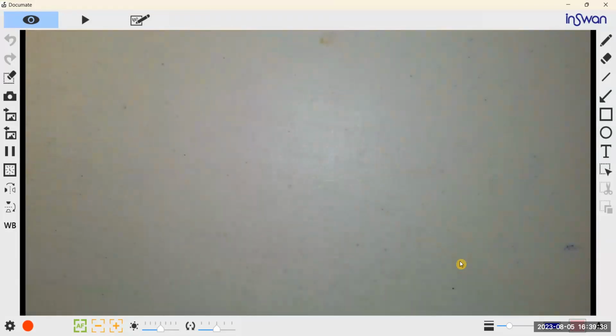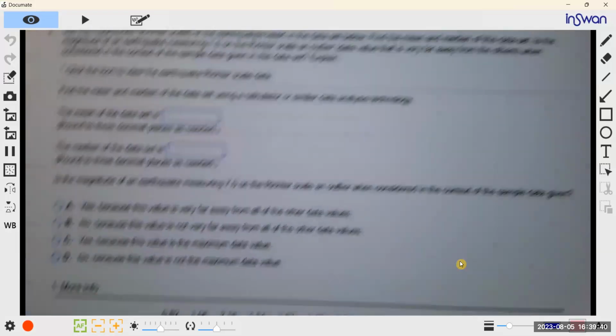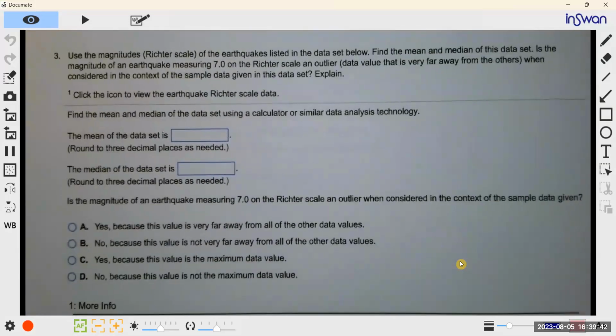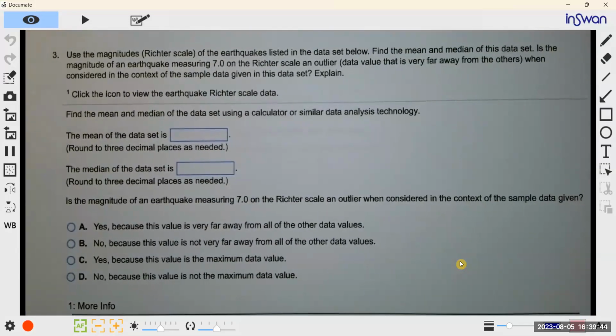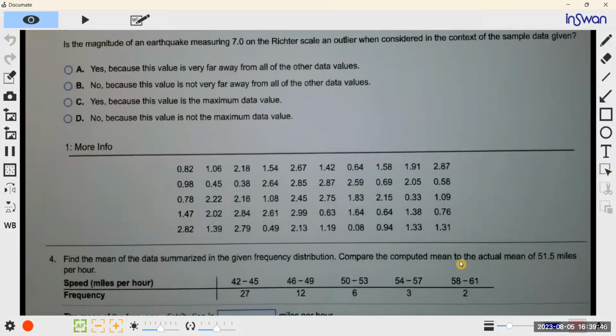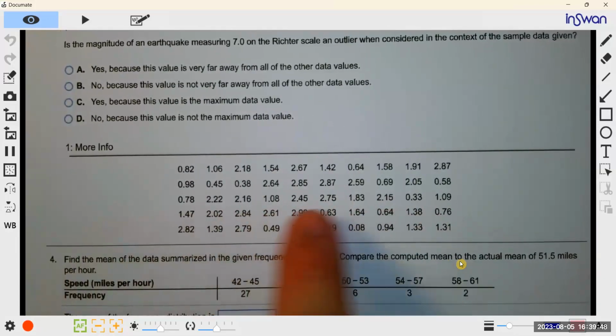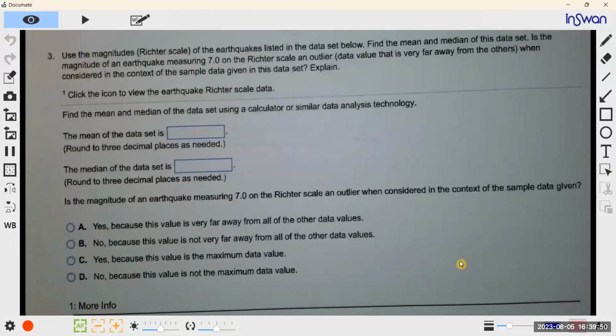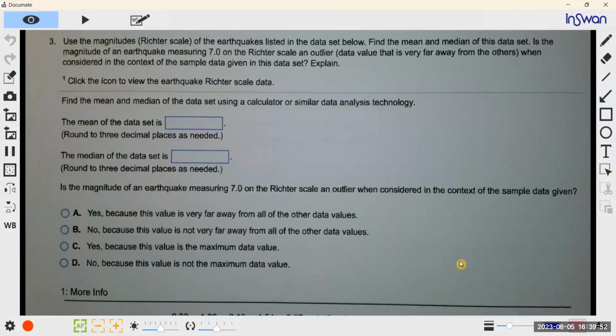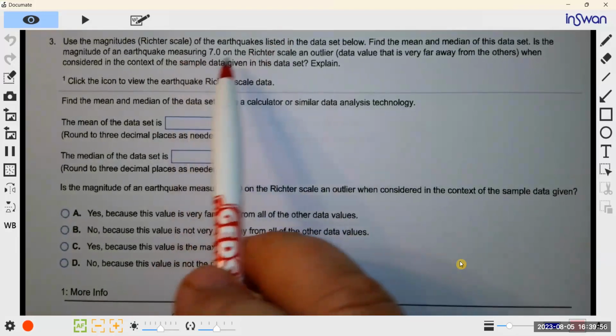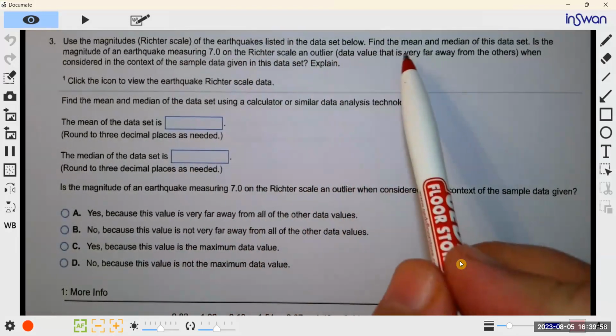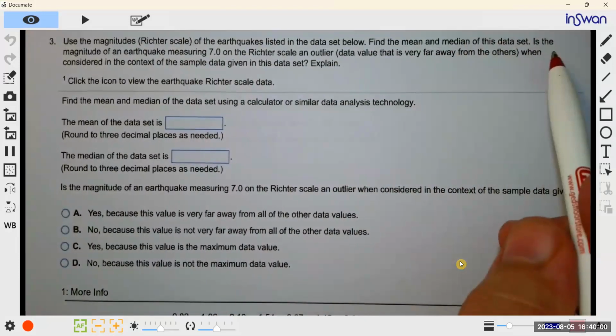All right, let's look at question number 3. This is the data. Use the magnitudes of the Richter scale, which measures earthquakes. Of the earthquakes listed in the data below, find the mean and median of the data set.